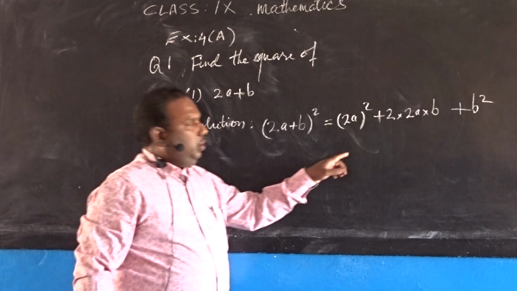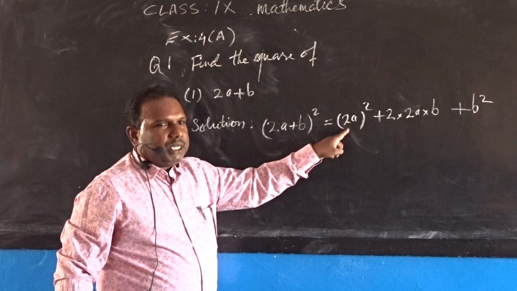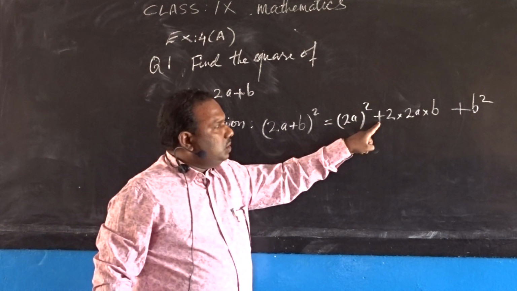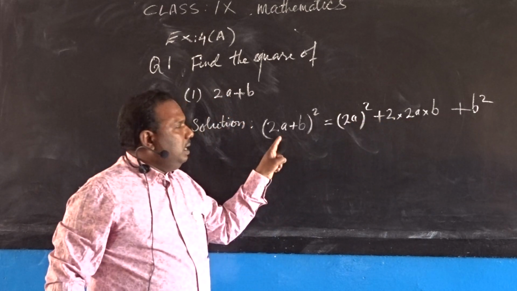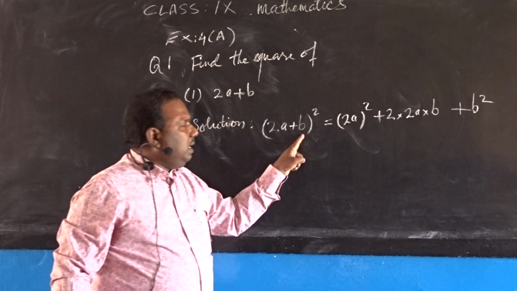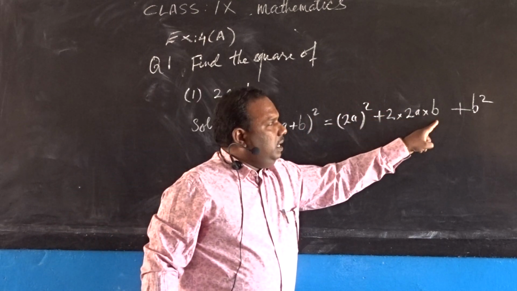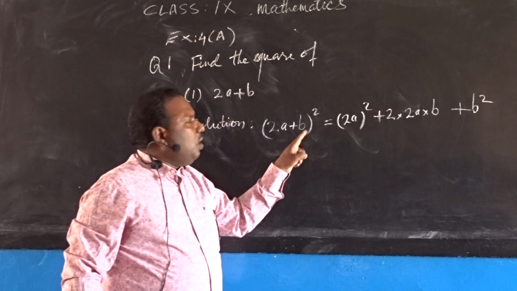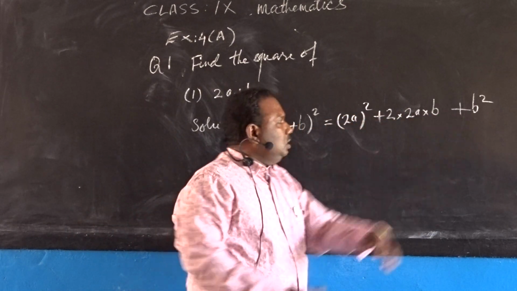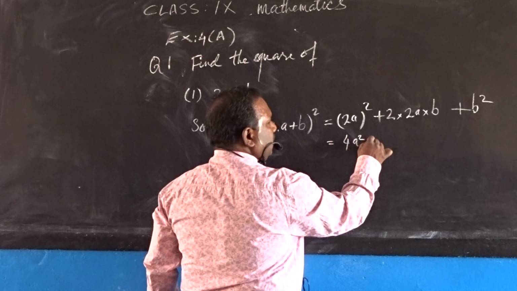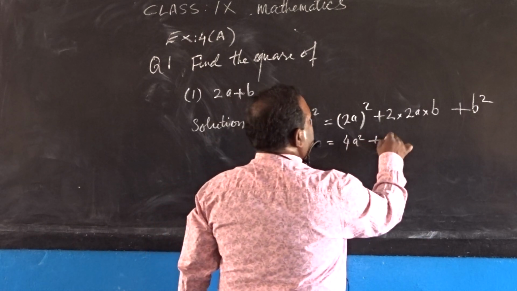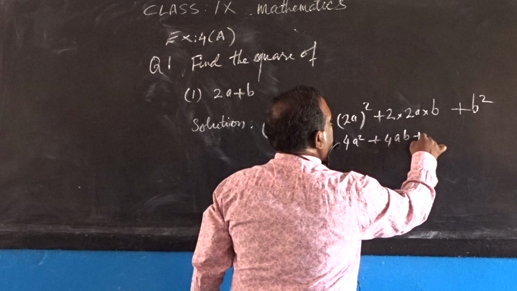Now it is clear to you: square of first term plus 2 into first term, 2a, into second term, here b, plus square of second term. So we get 4a square plus 4ab plus b square.